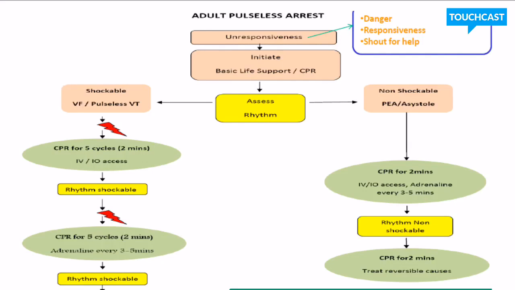If there's no breathing, you start chest compression. Once the help comes, you attach the cardiac monitor, and let's say the monitor shows VF, immediately you resume chest compression while preparing for the shock. Once you are ready for shock, then you give the first shock. It depends whether you are using monophasic or biphasic.